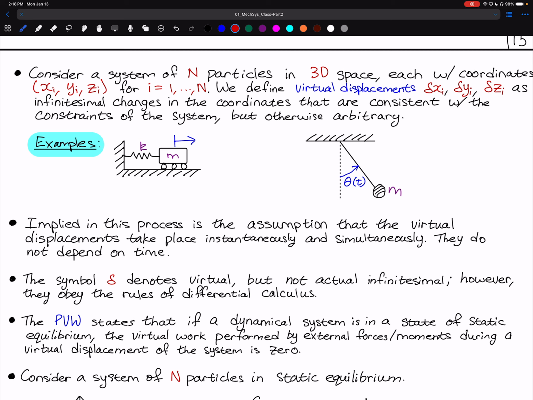And we're going to say that these are delta xi, delta yi, and delta zi. These virtual displacements have to be consistent with your kinematic constraints. So for this pendulum here, this system, the virtual displacement can't send the pendulum further than the length of that string.